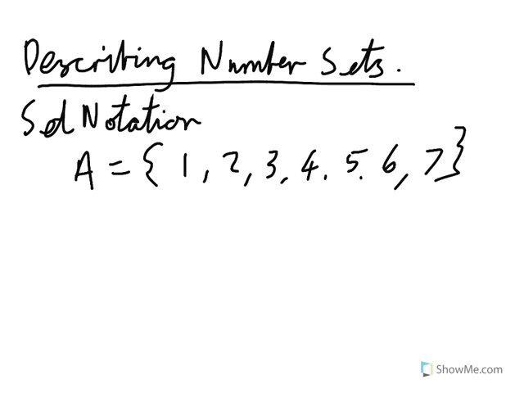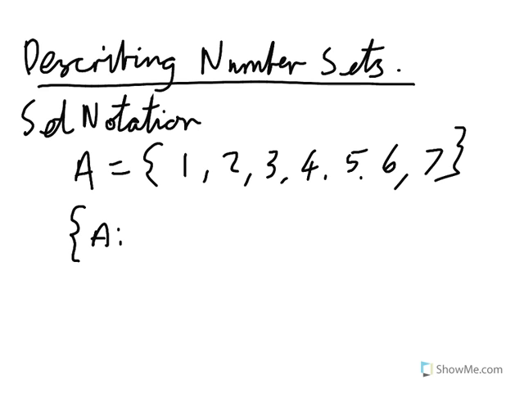For set notation, we have some curly brackets, and the curly brackets represent a set. So it's a set of something. What is it? It's a set of A.